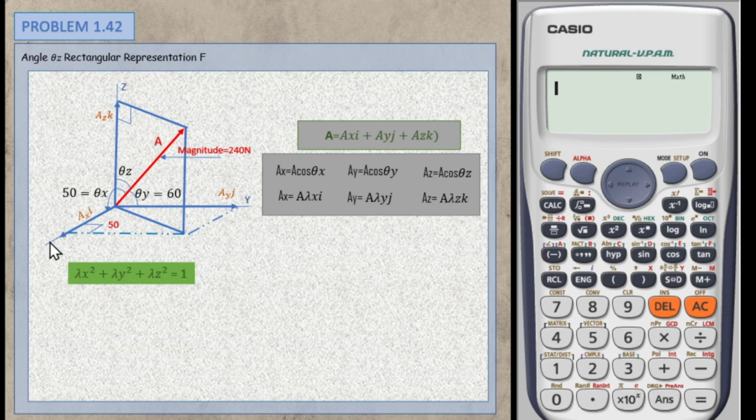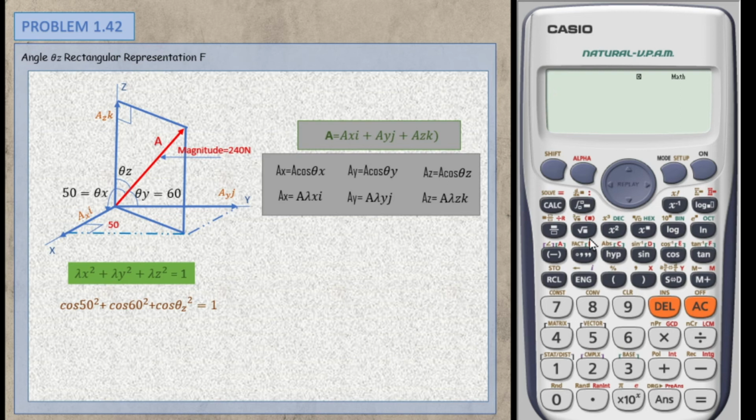Applying this, it becomes cosine 50 squared plus cosine 60 squared plus cosine theta z squared equals 1. Now we can solve for the value of our angle.